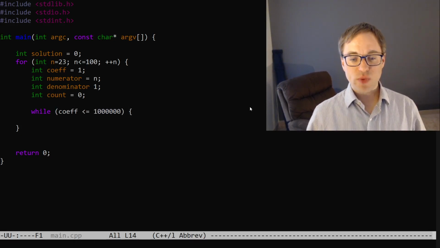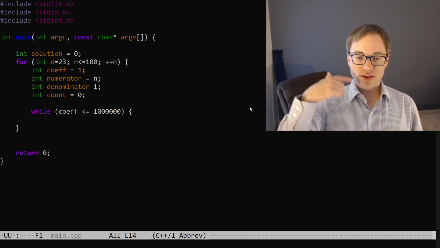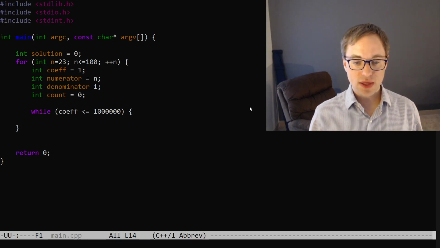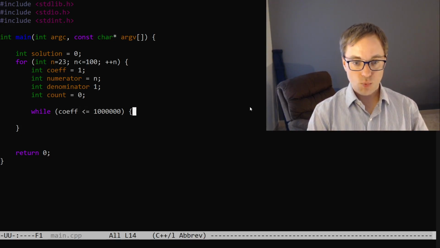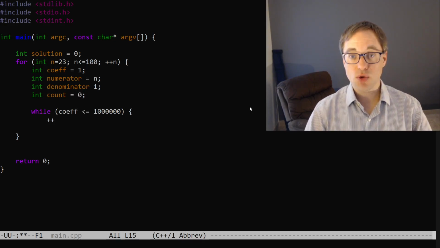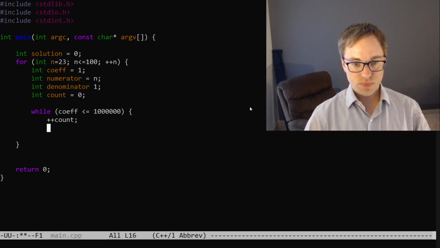It's only once we enter this loop that we're going to increment. That way, on subsequent executions of the loop, we will only increment once we have verified that our coefficient is still less than 1 million. And so it's perhaps a little counterintuitive that we start at 0 instead of 1, but that's just the way it works out. Okay, so we're going to increment count.